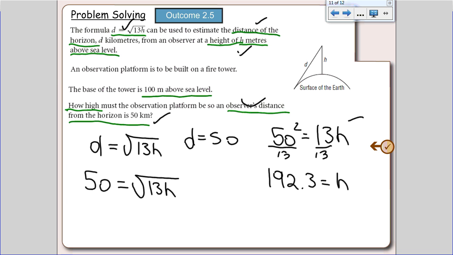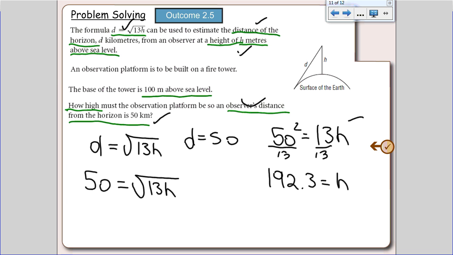That answers how high, but the observation platform started 100 meters above sea level. So we subtract 100. And here's the reason why. The question was, how high must the observation platform be? The base of the tower was already 100 meters above. Now you built up from that point.